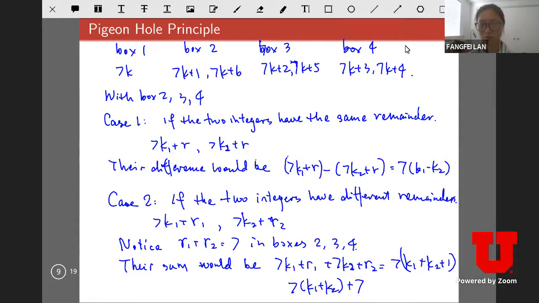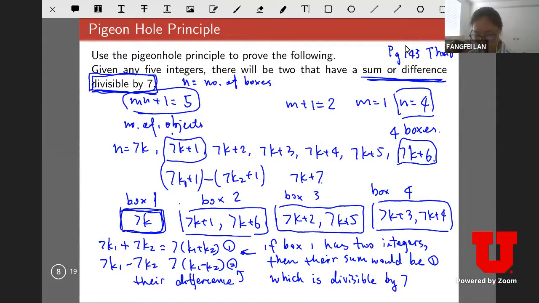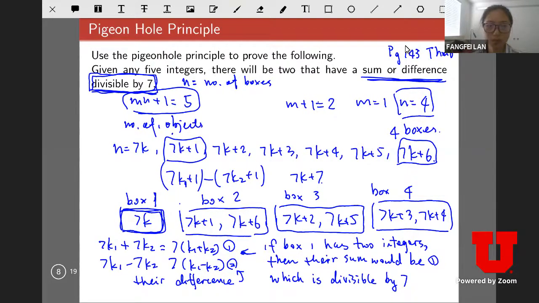Any questions? I think the most important thing to remember is theorem 8 on page 143. So you can figure out the number of boxes and then you can figure out how many things need to be in the same box.